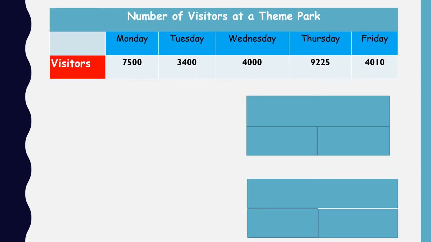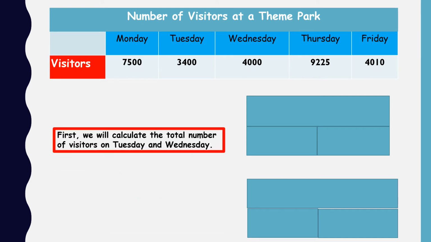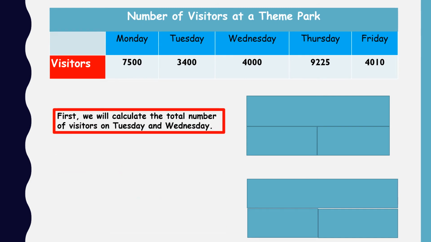So the first thing: as we just discussed, we are going to find out the total number of visitors on Tuesday and Wednesday. We are going to take these two values. On Tuesday there were 3,400 visitors.